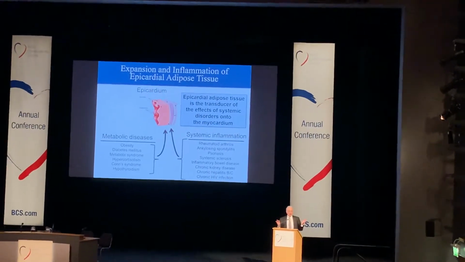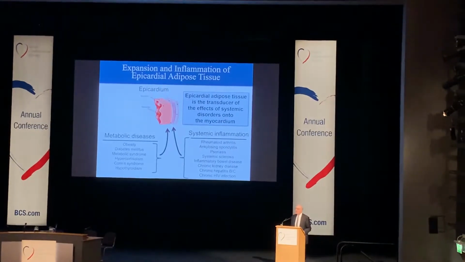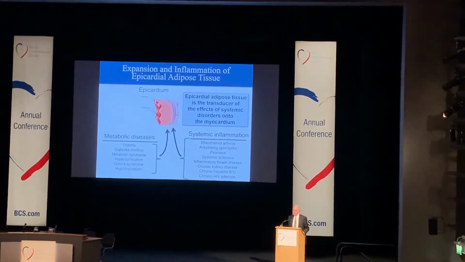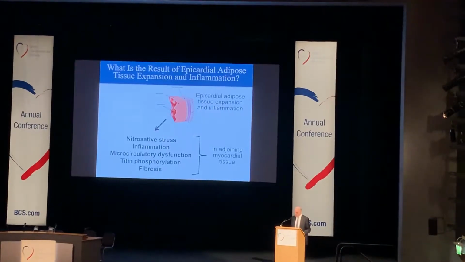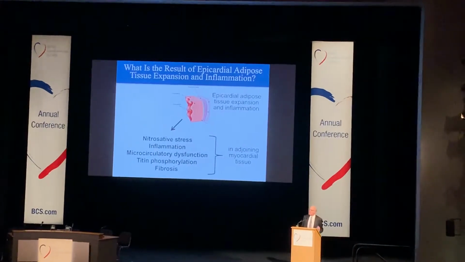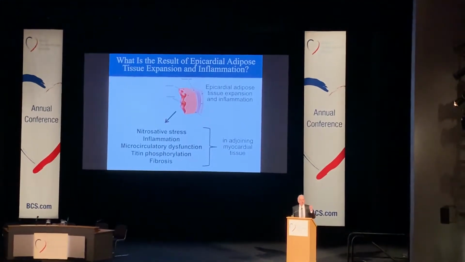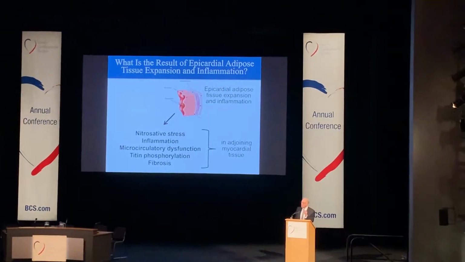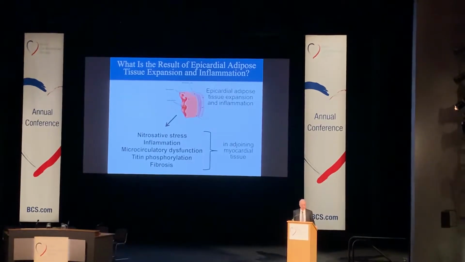So the epicardium surrounds the heart, nurtures the heart, but it wakes up in a whole host of systemic disorders. And when it does, it transmits to the myocardium a whole host of adverse biological mediators.